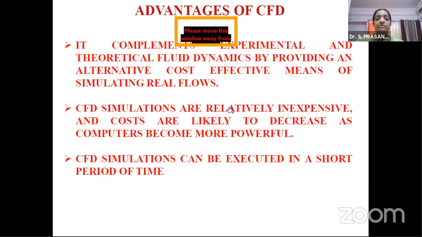And this computational fluid dynamics has various advantages, apart from, as I told you, those two requirements: your computer and a person having knowledge of running the software. If that is available, it will solve.